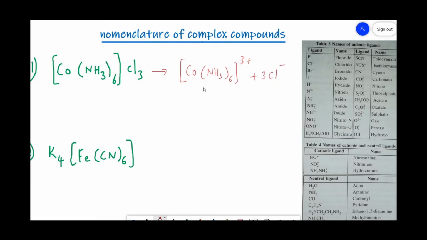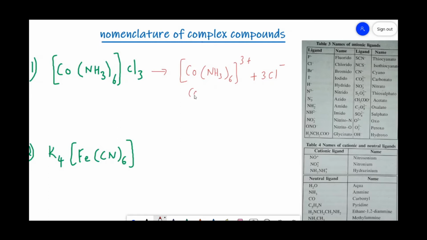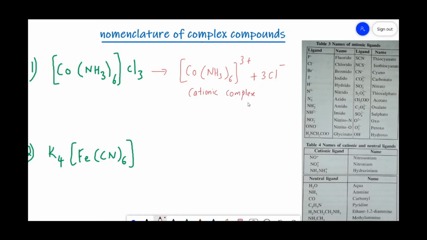Why are we writing this? First we have to know whether it is a cationic complex or an anionic complex. If you ionize, this is a cation, so this is an example of a cationic complex.